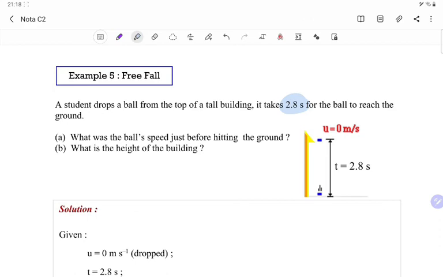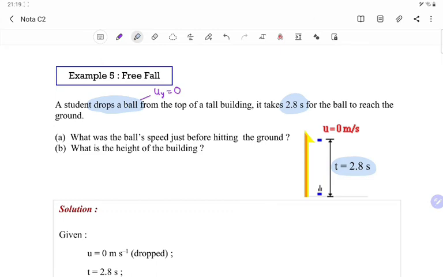So the information given to you adalah, kat sini dia punya keywords, dia bola tu dijatuhkan. Bila dijatuhkan, dia melibatkan situasi pertama. So UY is equals to 0. And then another information is T, 2.8 second. Dia punya travel time untuk sampai ke ground.